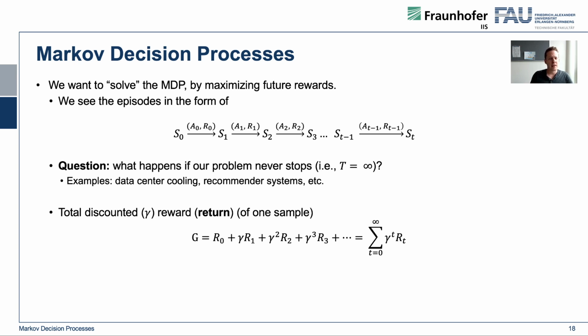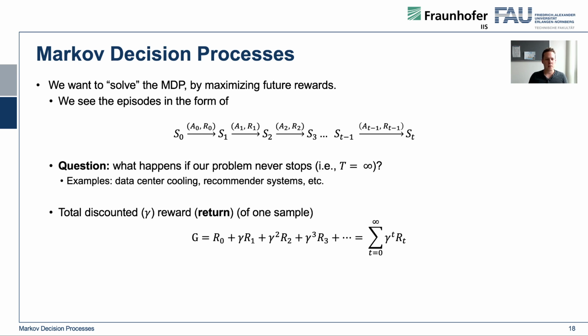And the thing is, we want to define for such an episode that we take, so our robot goes through the environment, how good is the robot when it goes through the environment?